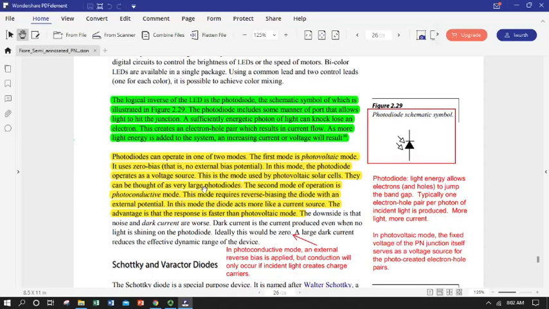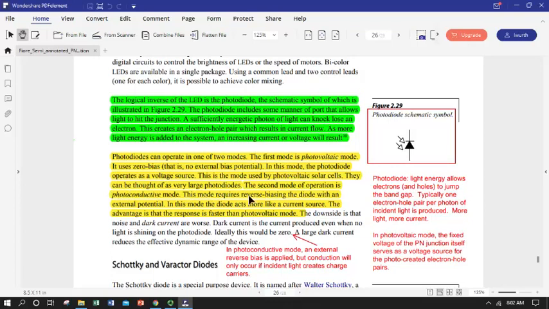We can go the other way, and we can actually reverse bias that interface, and then basically to the point where we're not powering a circuit with it, but merely measuring how many photons are available and hit it. So it's a similar mechanism, but a little bit different mode in a circuit.